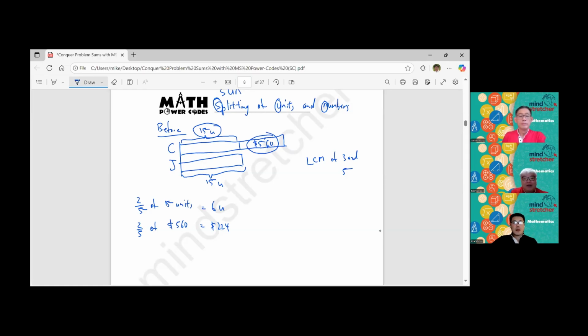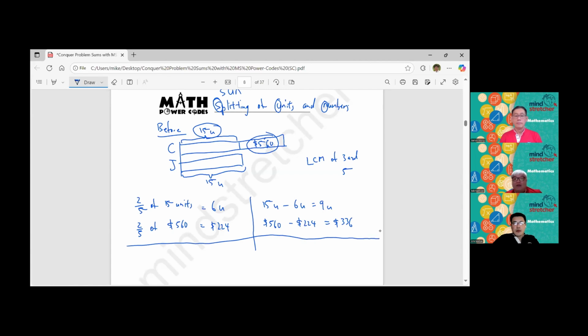So Christopher will be left with 15 units minus 6 units, which is 9 units. And for the dollar amount, 560 minus 224 is $336. So Christopher will be left with 9 units and $336.